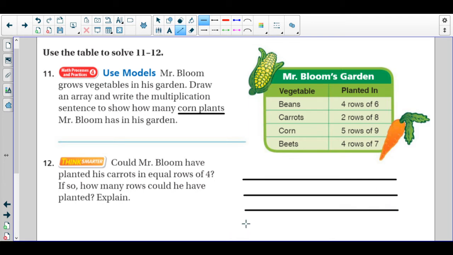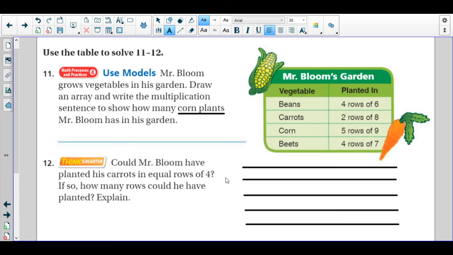There's 1, 2, 3, 4, and 5. And then how many are in each of the rows? 9. Now I have a little bit of the luxury here of doing copy and paste, but so there's 1, 2, 3, 4, 5, 6, 7, 8, 9. So there is the 1 row right there.